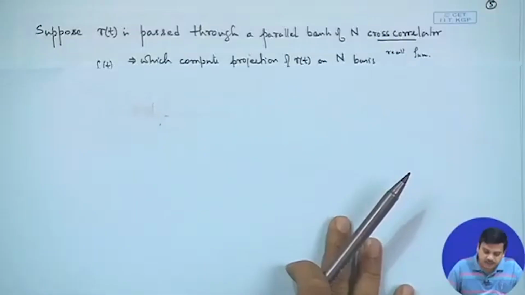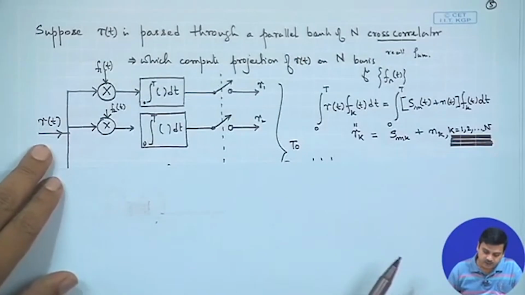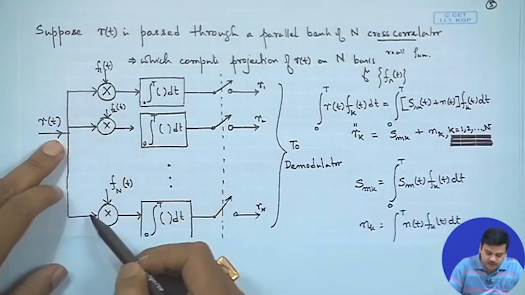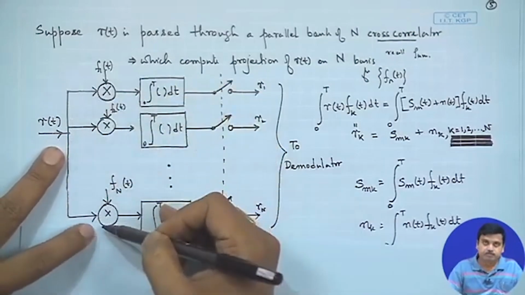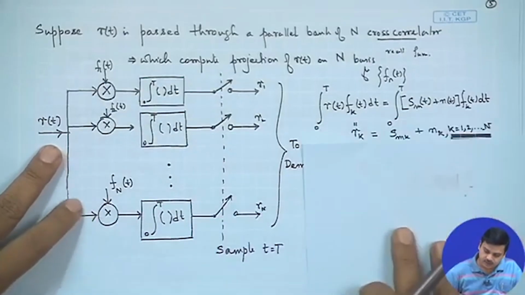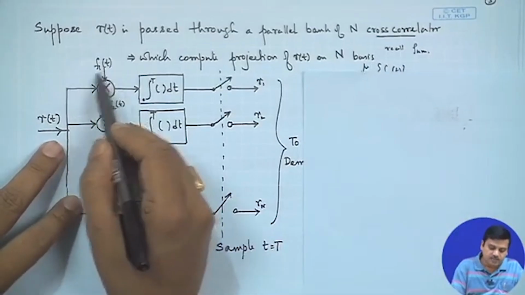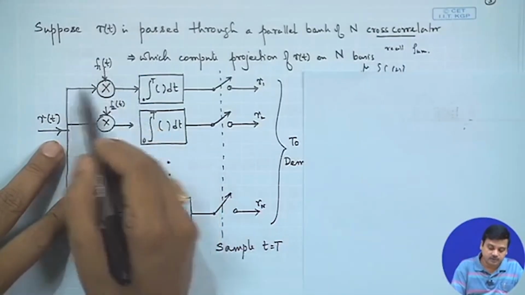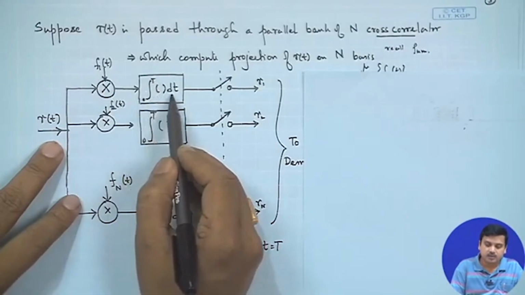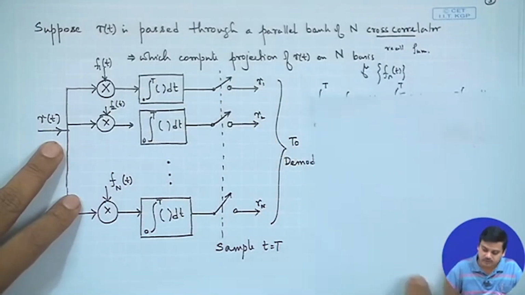This can be represented in a form that we have r of t. R of t is now split and sent to several different paths. In the first path, r of t is multiplied by f 1 of t, goes into the integrator 0 to capital T dt, and then it is sampled at time t equals capital T. Let us see what happens.